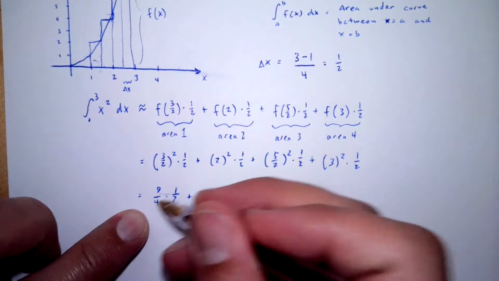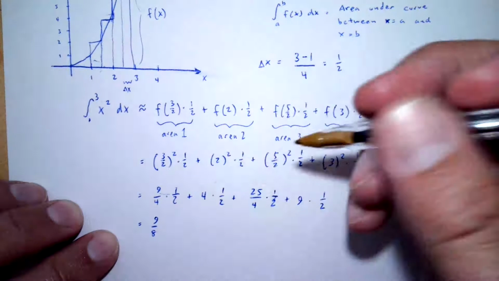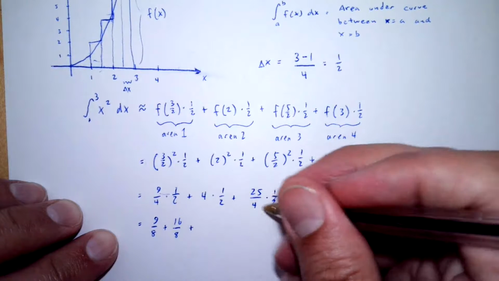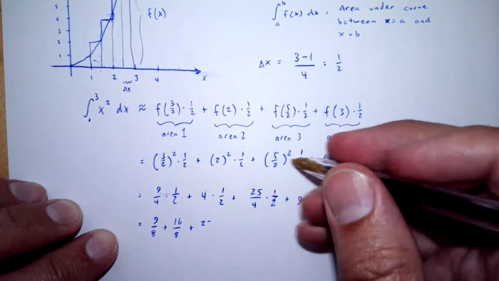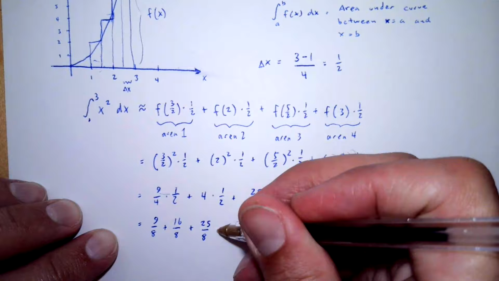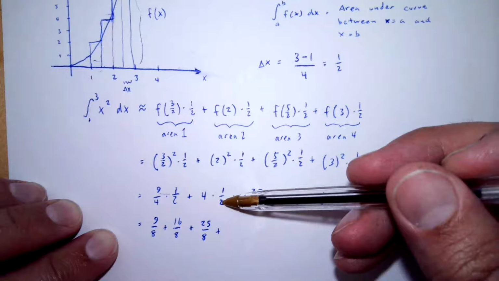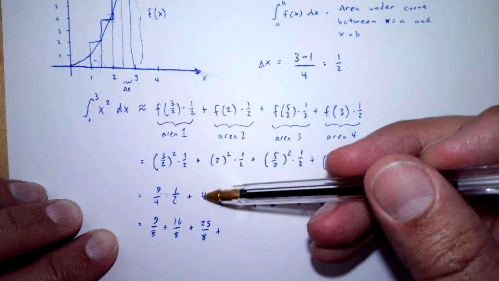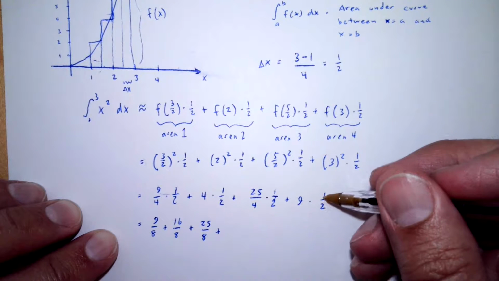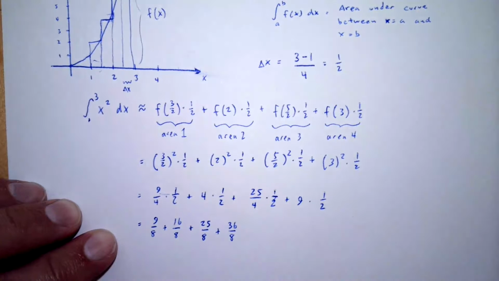We're going to multiply, so we get 9/8. 4/2, let's see, would be 16/8. So plus 16/8, plus 25/8. Then 9/2 would be 36/8.